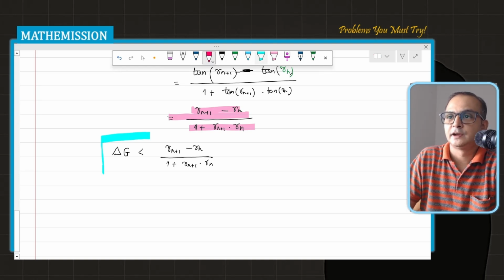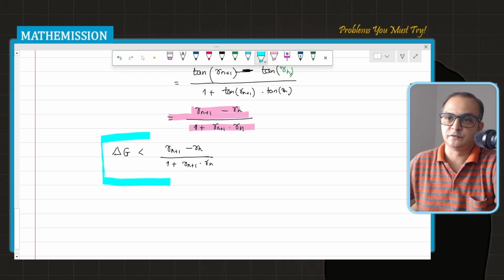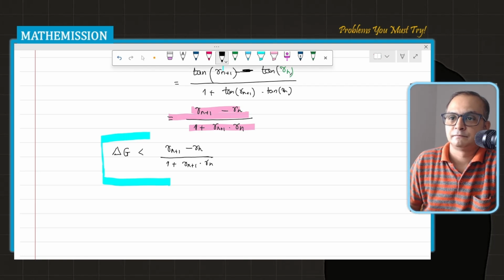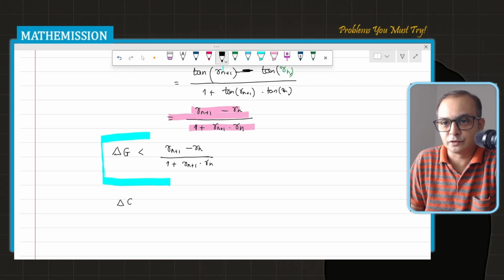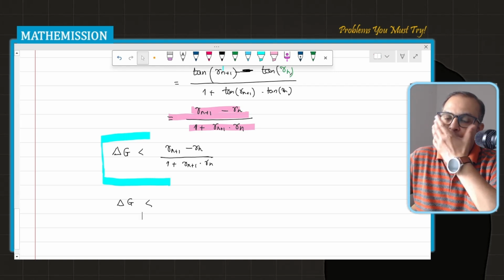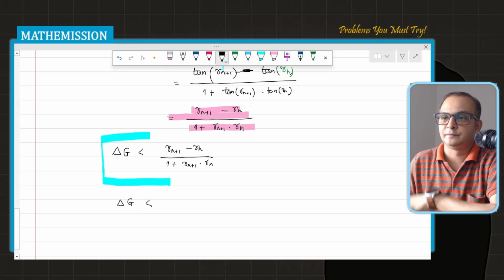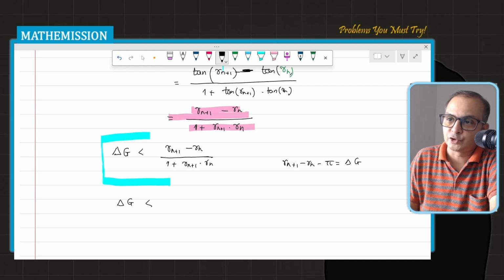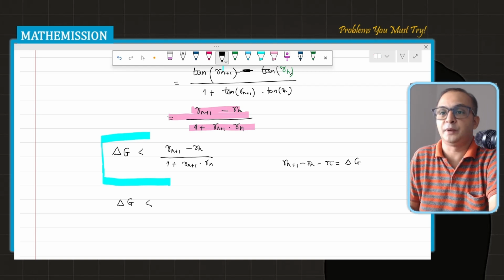So how do we think? Again, we go to all our observations and see what is happening. You know this fact: r_{n+1} minus r_n minus π is delta g. So can I write r_{n+1} minus r_n as delta g plus π?